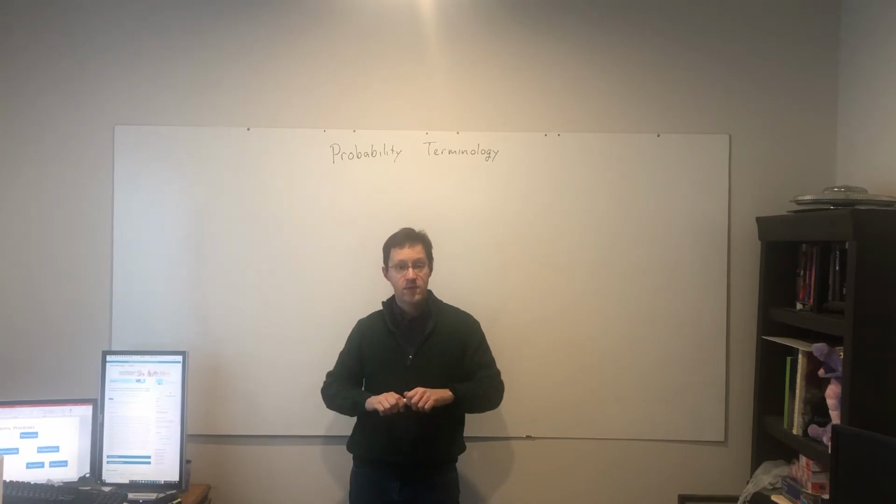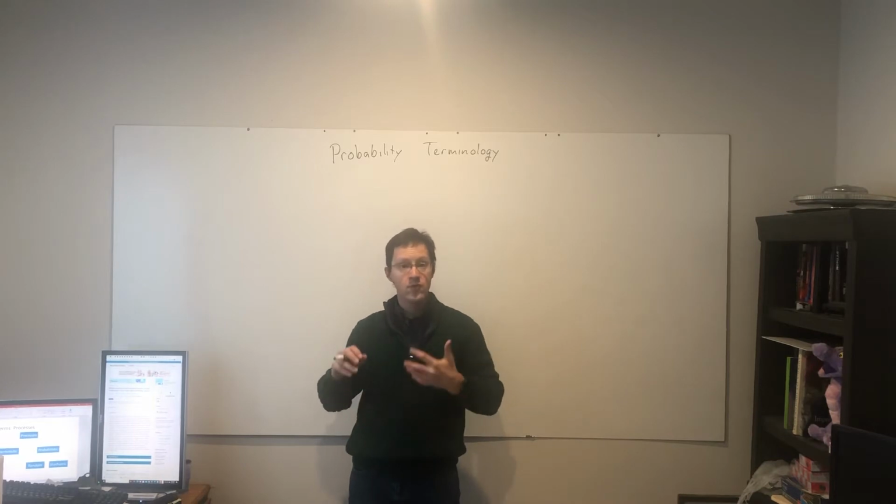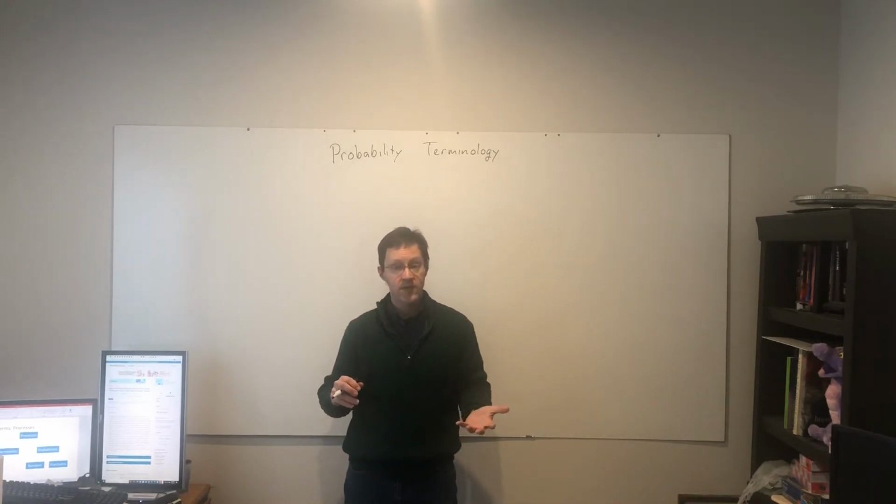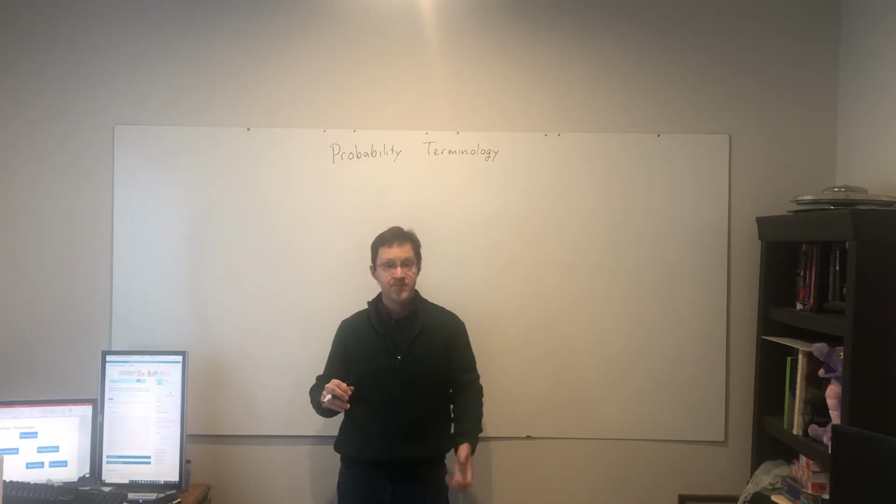This first video in the probability section is just setting out some of the terms that we will often be using as we go through this introduction and understanding of what probability is and how it works.